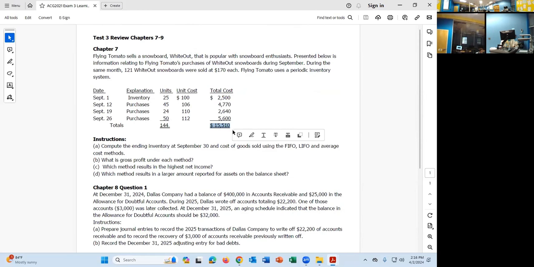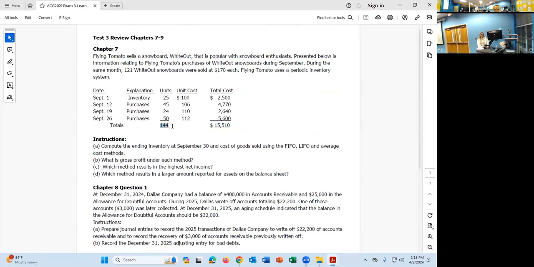Remember, our total cost in inventory was $15,510 of those 144 items. So to get the average, we just take the total cost in inventory, that $15,510, divided by our units in inventory.